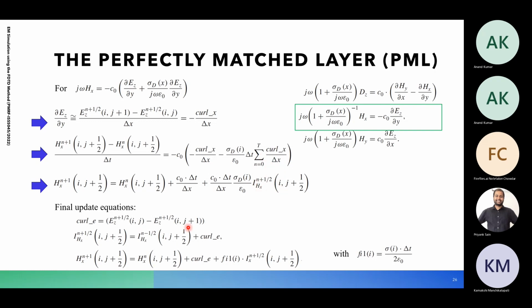So IHx is the summation being done in a second step. Instead of adding it every time, we have kept one variable which, every time the loop is running, will add the current curl value to that variable. That variable comes over here.